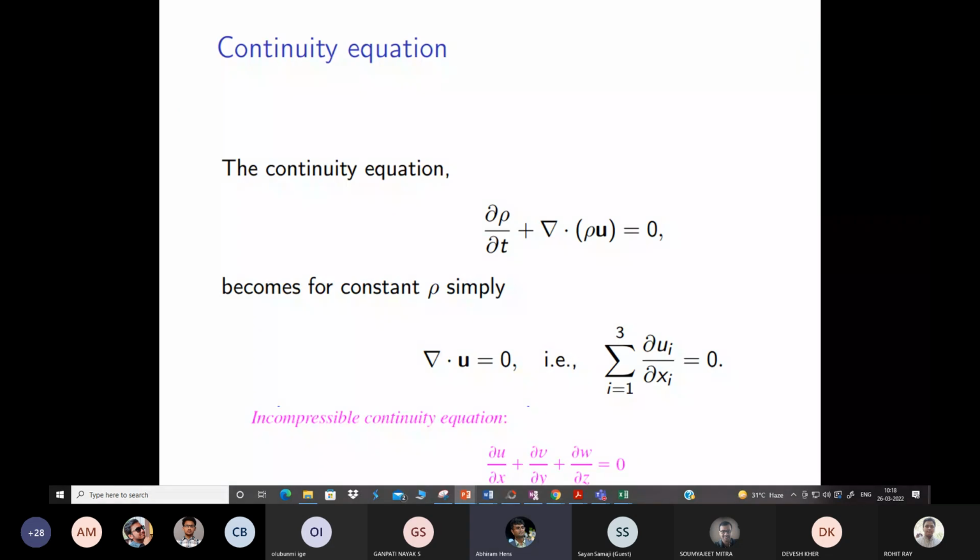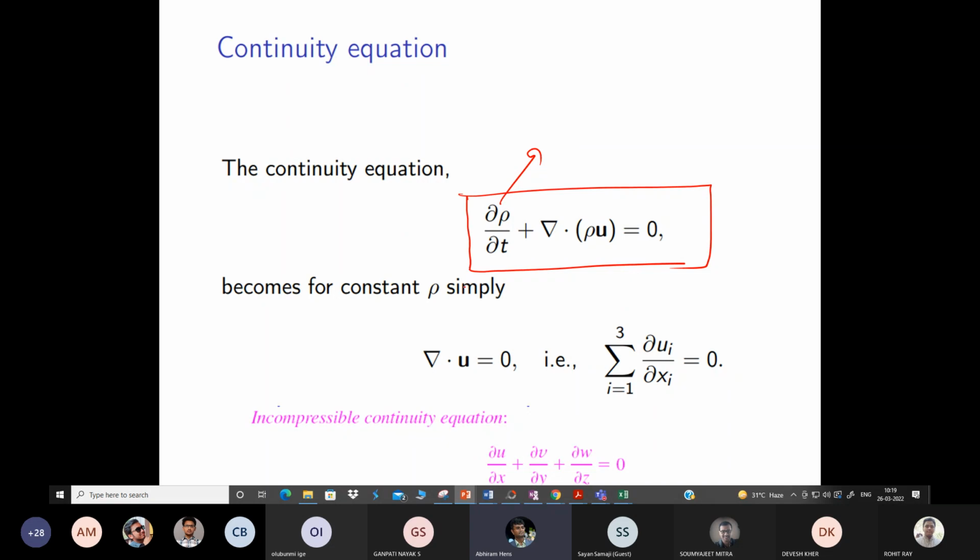Now, I will do a little bit of discussion about this continuity equation and Navier-Stokes equation because it is needed. As I am again writing this continuity equation here, it states that del by del t of rho, that means this part is showing the temporal derivative.